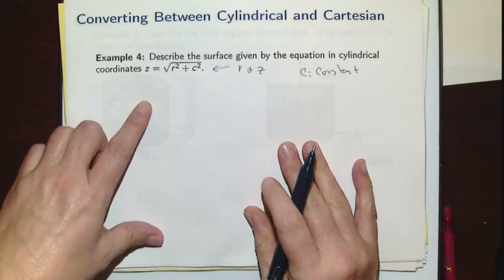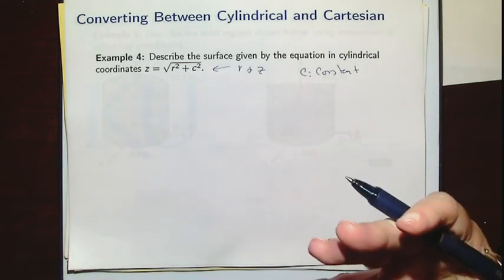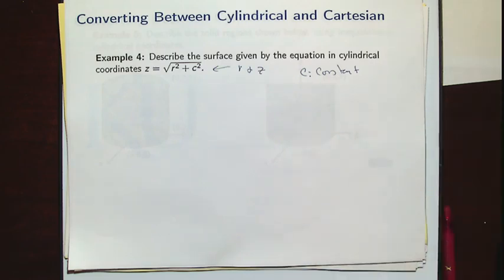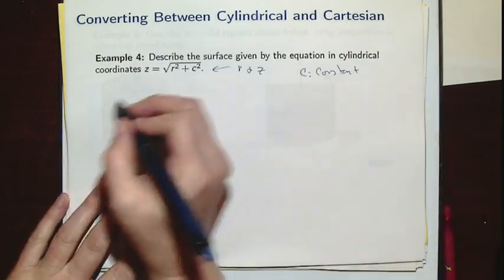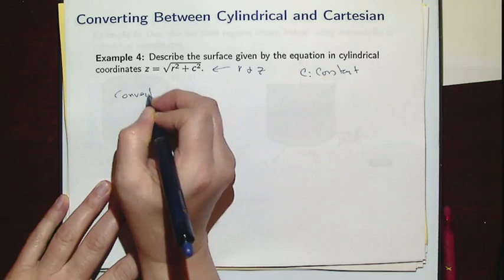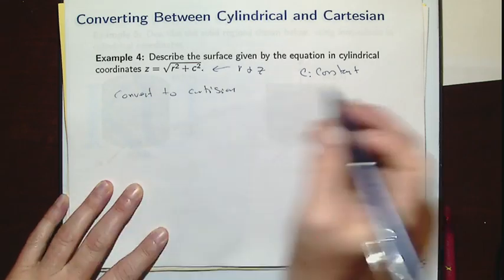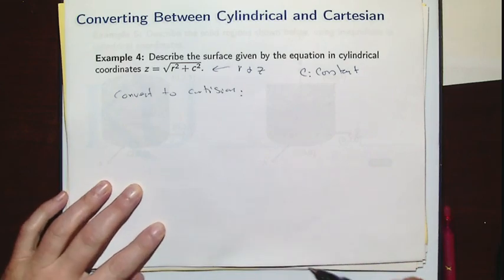Right? Now, I'm supposed to convert this to, what's the other one? Cartesian. So I'm going to convert to Cartesian because a lot of times it's easier for you to convert to Cartesian.